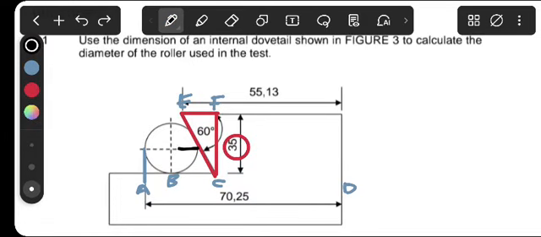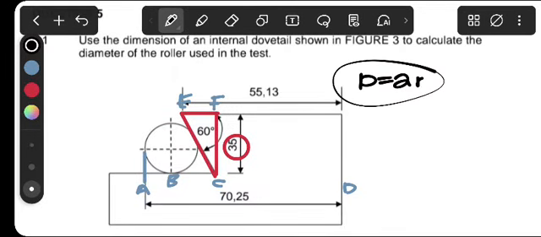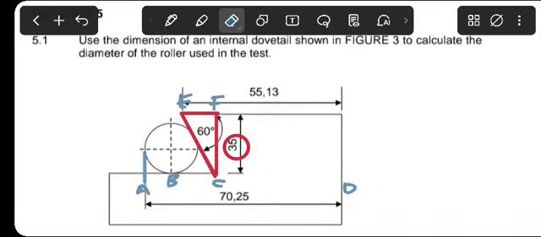If we can get the radius, it will be fine, because the diameter is equal to 2 times the radius. So the aim here is to get the diameter, so let us get the radius. Okay, how can you go about this now?